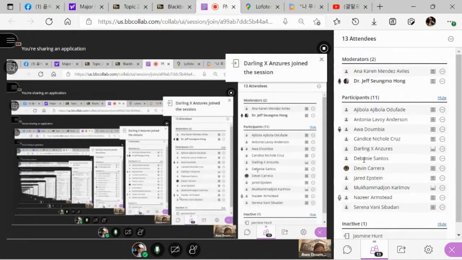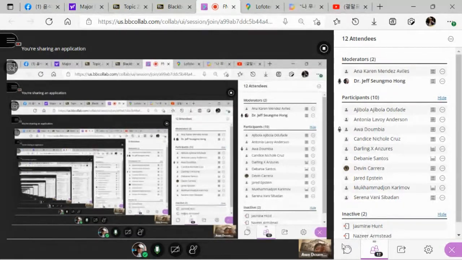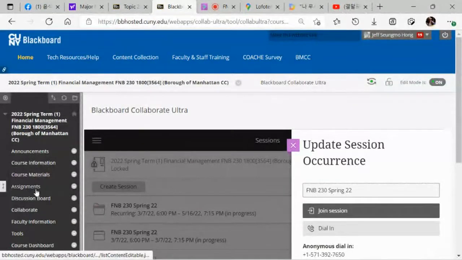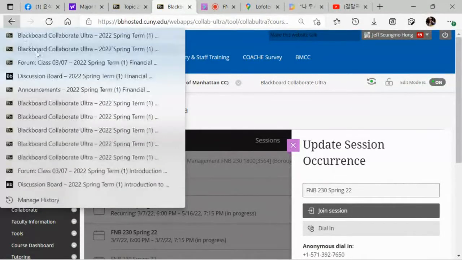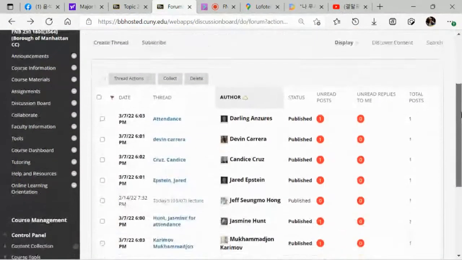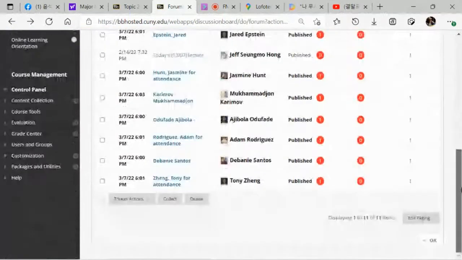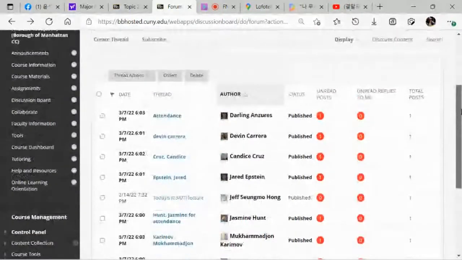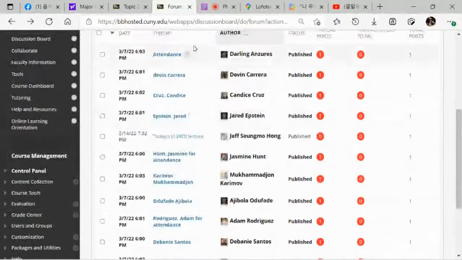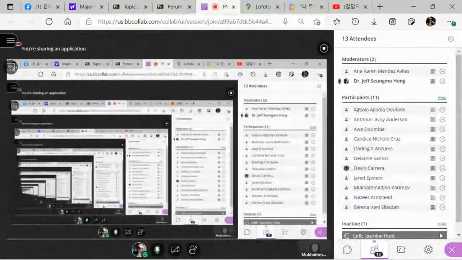I see 10 people, 11. Now 11 in the Collaborate, and let's see how many are here. Let's see how many are in the forum. Okay, I see 10 in the forum, so that means I see more people in the Collaborate.